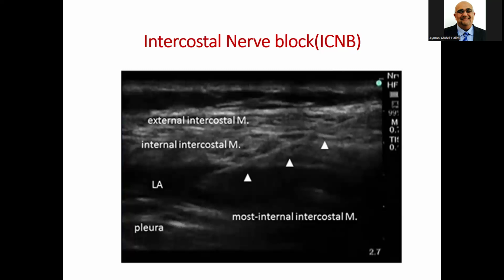So the likelihood of getting a pneumothorax with intercostal is really small, less than 0.5%. But the commonest complication is local anesthetic toxicity, because it's a highly vascular space.